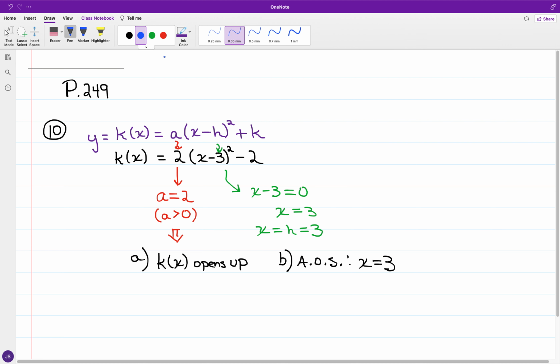And in the case of the value of k, I have that k is equal to negative 2, and again, we have h equal to 3. So for the vertex, hk is going to be at 3, negative 2.